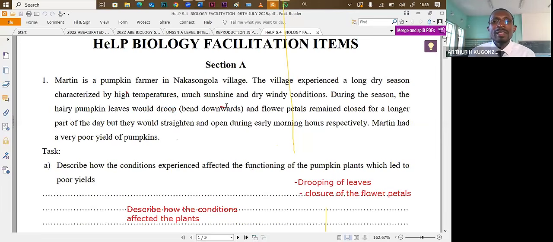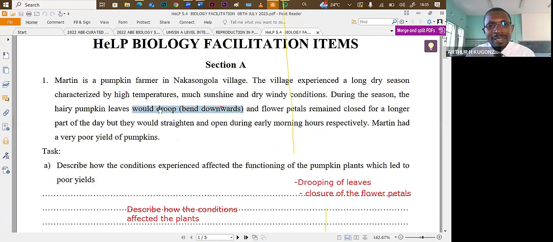But also, when these leaves bend downwards, this also triggers closure of the stomata. The stomata also close. It is not obvious. With drooping of the leaves, the stomata also always close as another mechanism of trying to minimize water loss.